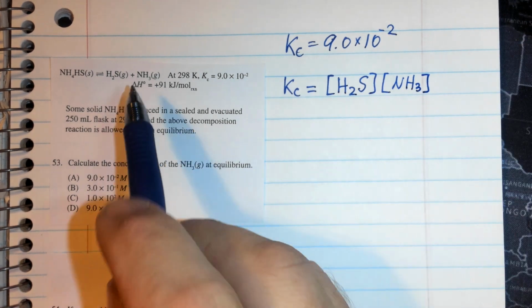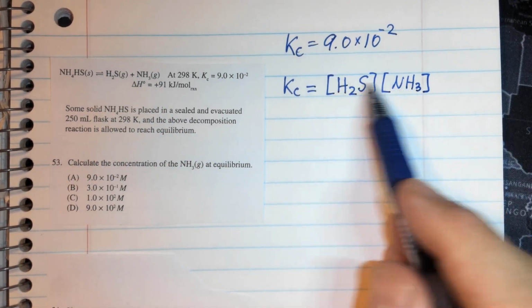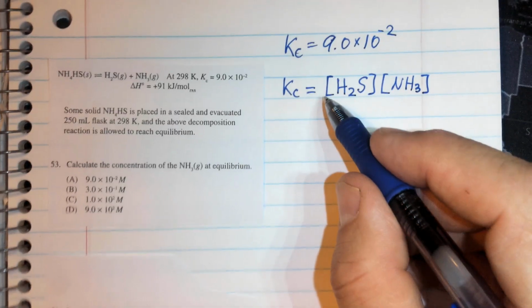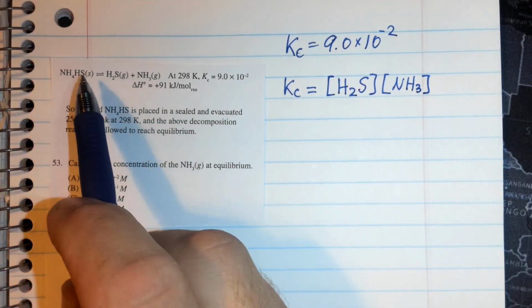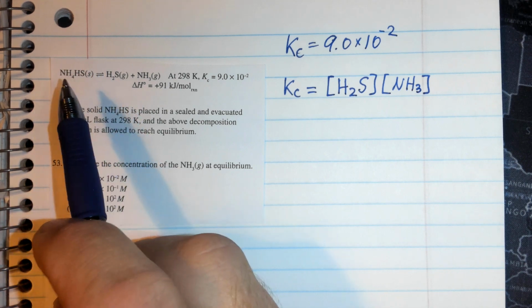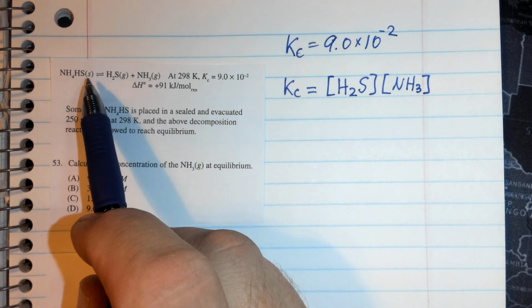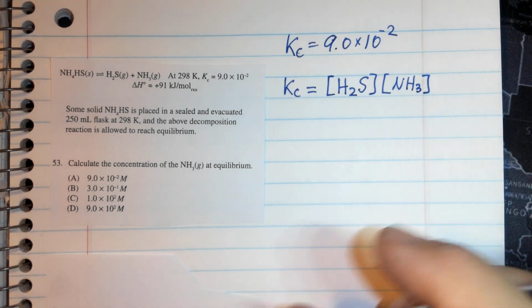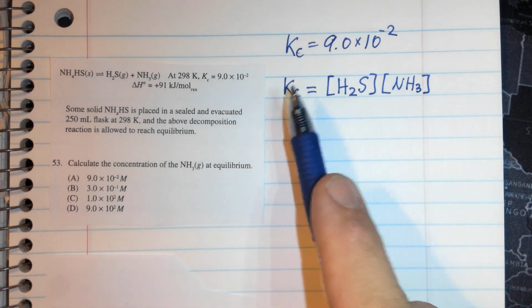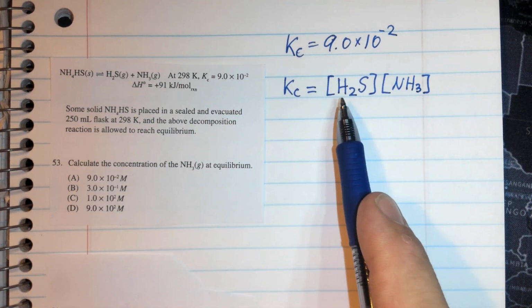However, here coefficients are 1, so we just have a product of concentrations. Here you would also divide by the reactants. However, reactant here is a solid chemical, and if anything is a pure solid or liquid, it doesn't go in the expression for the equilibrium constant. So we don't have it here.